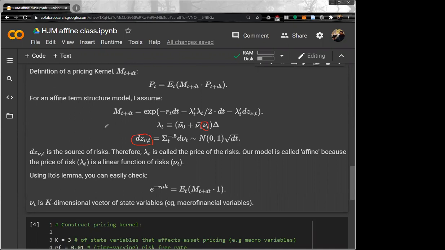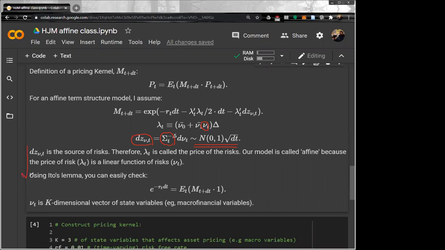It is like a shock to the nu_t. Some part of nu_t we can forecast, some component of nu_t we cannot forecast, and we denote that part as dz_nu_t. And then this is the variance covariance matrix of the dz part. If we multiply by half of this covariance matrix, then we can normalize it into the standard Brownian motion.